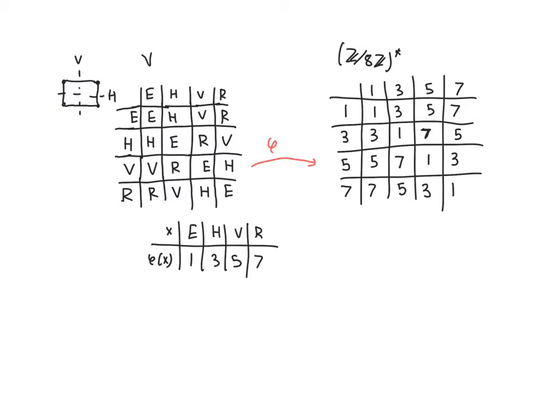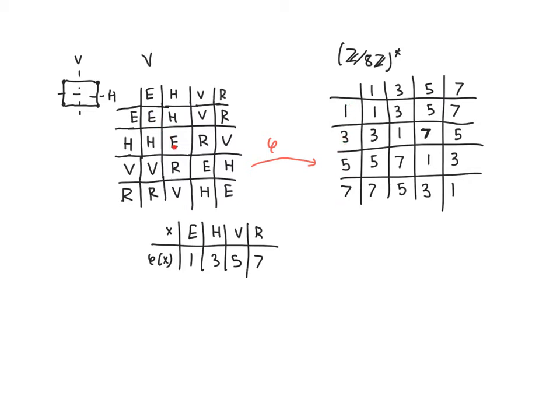Namely, if you define a function from E, H, V, R to 1, 3, 5, 7 in the following way. You send E to 1, H to 3, V to 5, and R to 7. Then the column labels get replaced with the column labels on the right. The row labels get replaced with the row labels on the right.